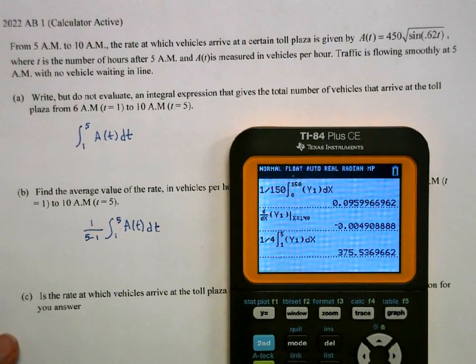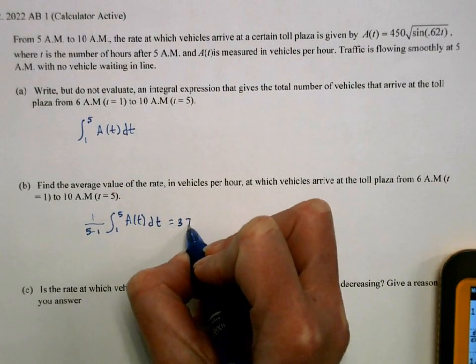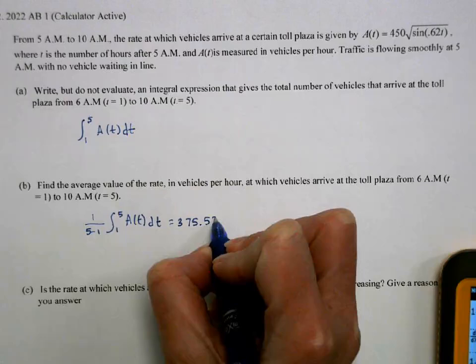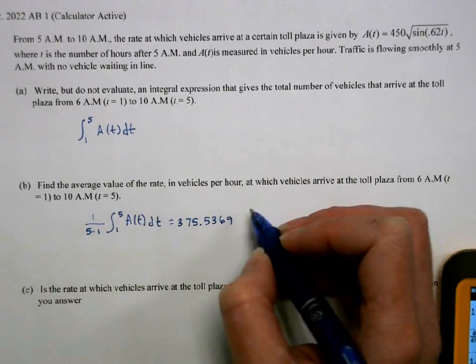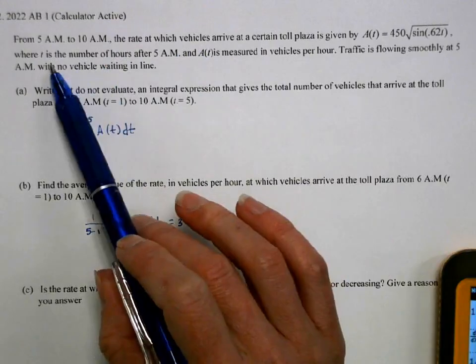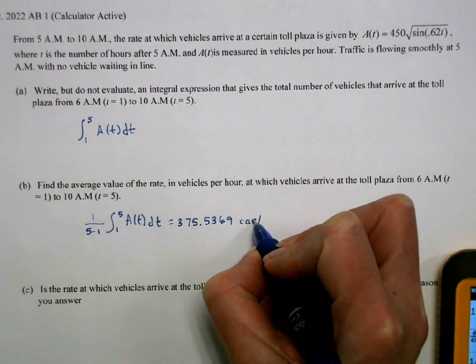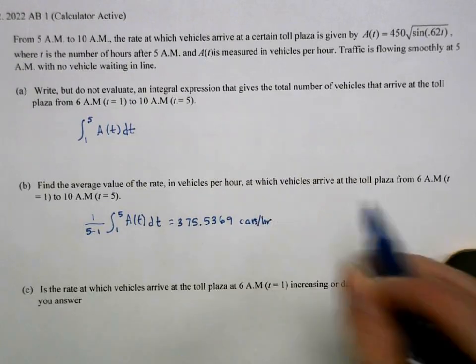Okay. So we get 375.5369 just for fun. This is the rate at which the cars, so this is our average rate in cars per hour. It didn't ask for the units, but it doesn't hurt.